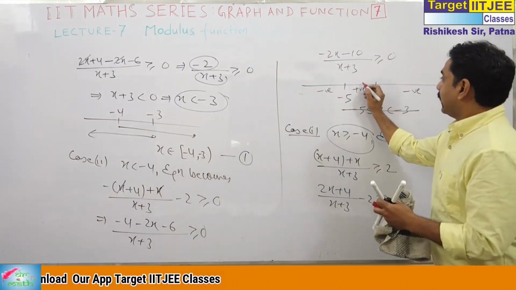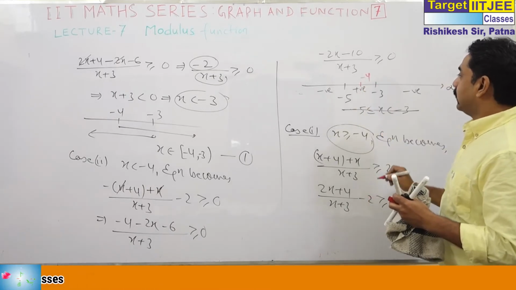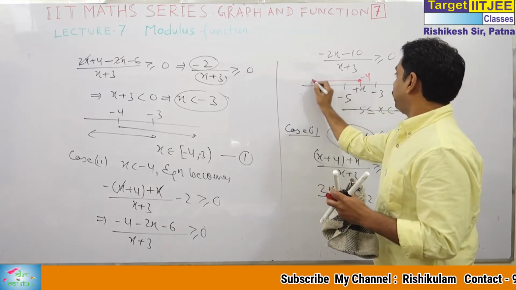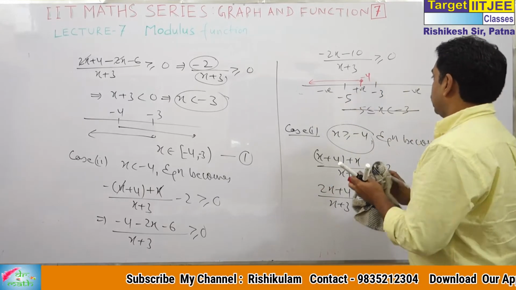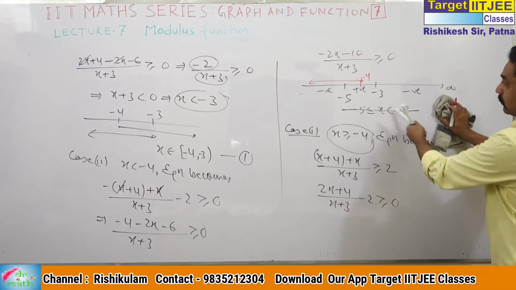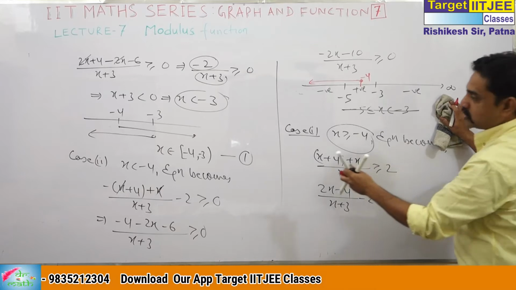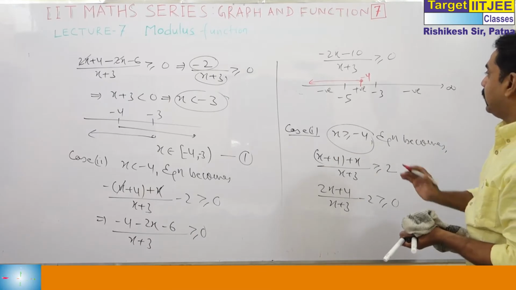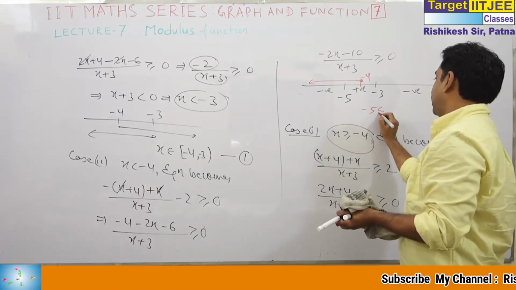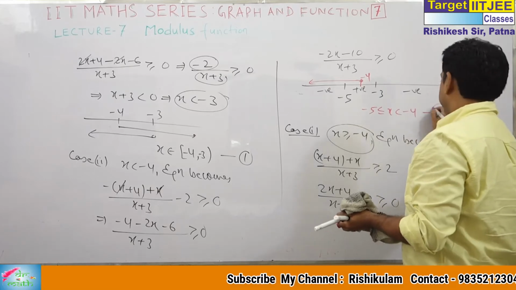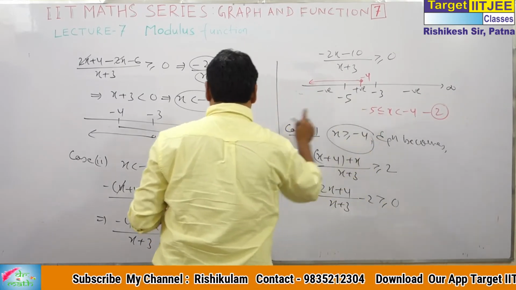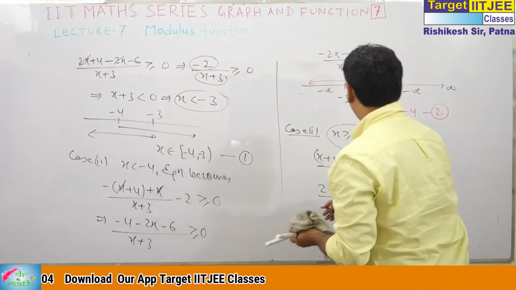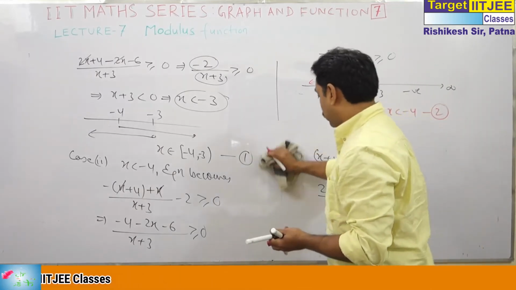Minus 4 lies between these, and since x is less than minus 4, we go to this side. So joining the conditions, from here we get -5 ≤ x < -4.